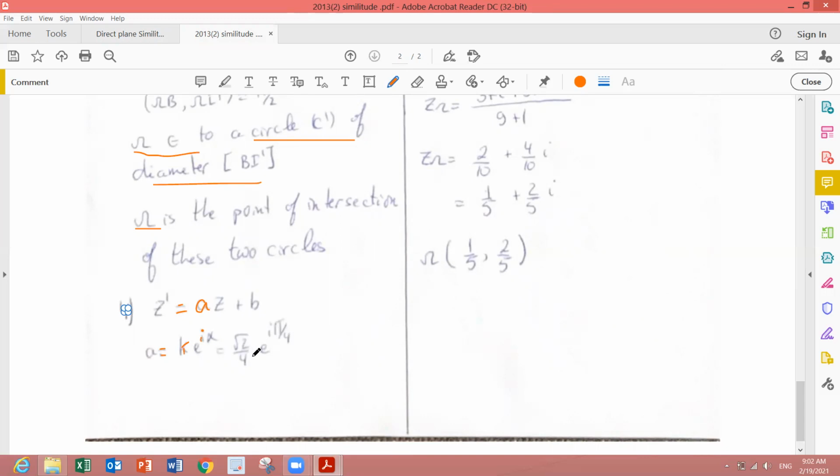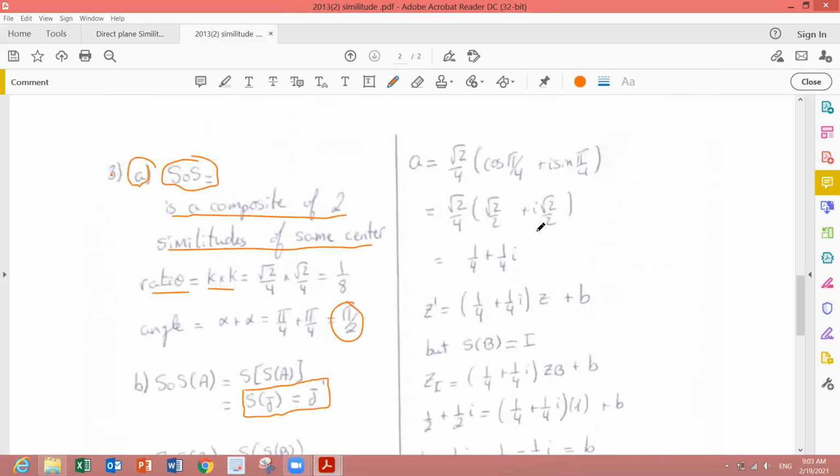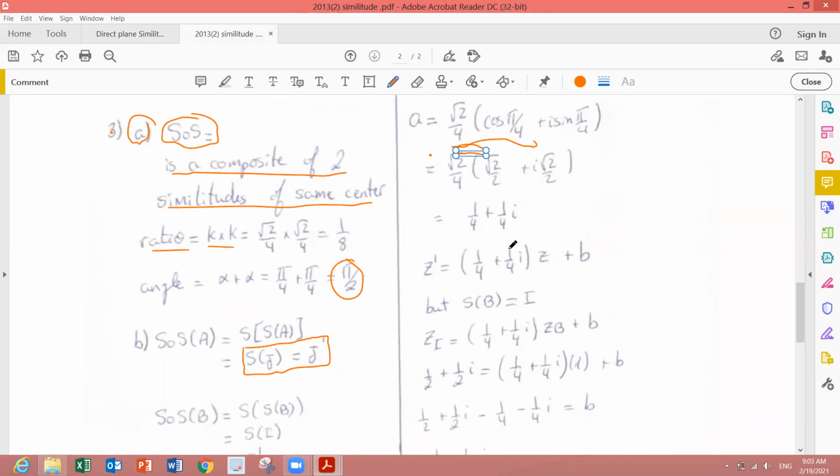I change from exponential to trigonometric: radical 2 over 4 times cosine pi over 4 plus i sine pi over 4. Cosine 45 is radical 2 over 2 plus i radical 2 over 2. Expanding, we get 1 over 4 plus 1 over 4i. Z prime equals (1 over 4 plus 1 over 4i)Z plus b.